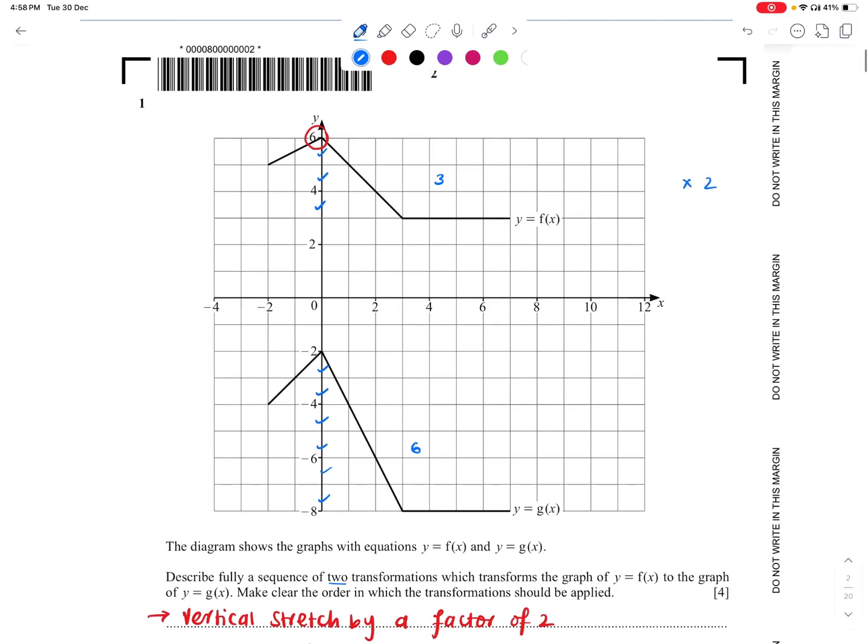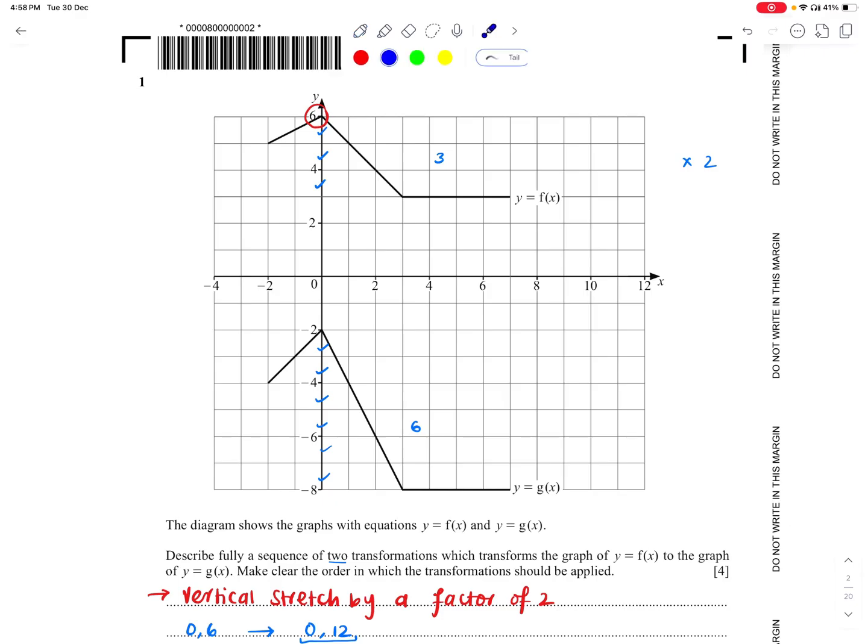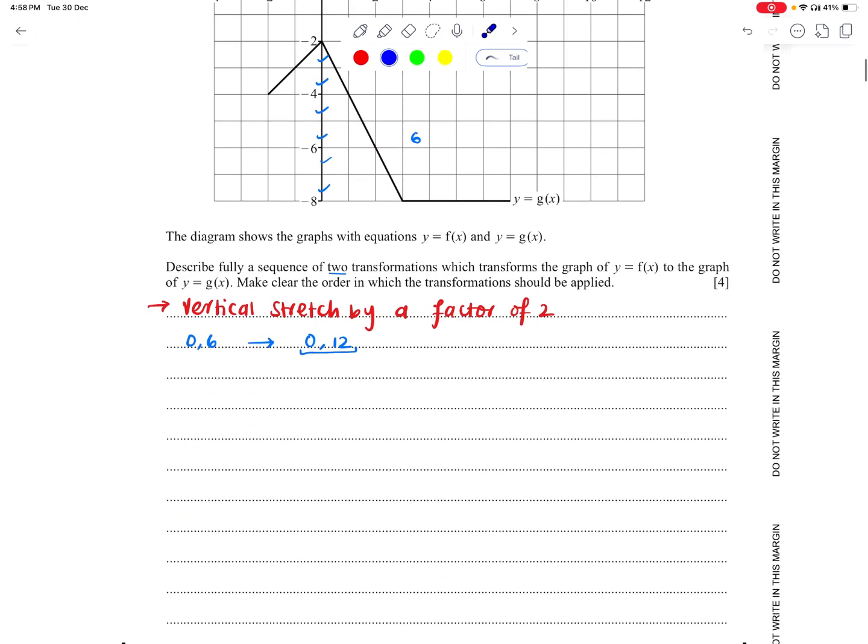Now you need to see that I need to bring this to this coordinate 0 comma minus 2. How am I going to bring 0 comma 12 to 0 comma minus 2? I'm probably going to have to add something to 12 to bring it to minus 2, and that's going to be negative 2 minus 12, which is negative 14.